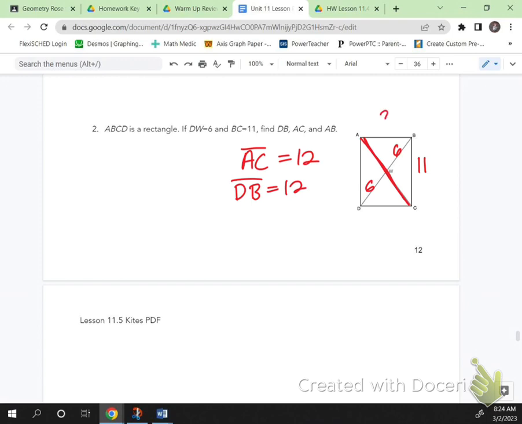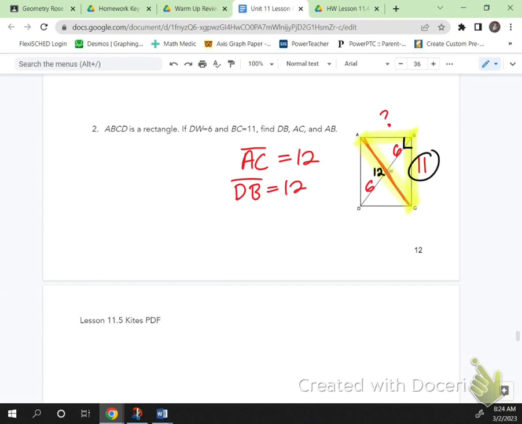Find AB. Any ideas on how we're going to find AB? I highlighted something there. A triangle? Specifically, what type of triangle? A right triangle, and we know the whole diagonal, the hypotenuse is 12.